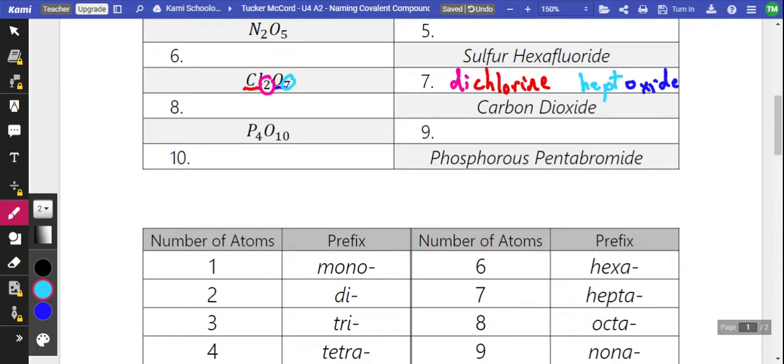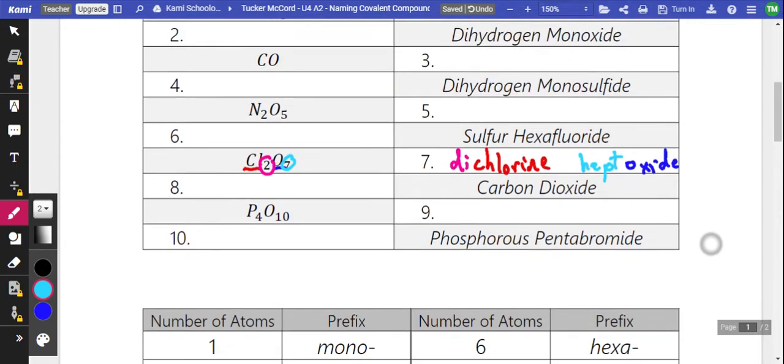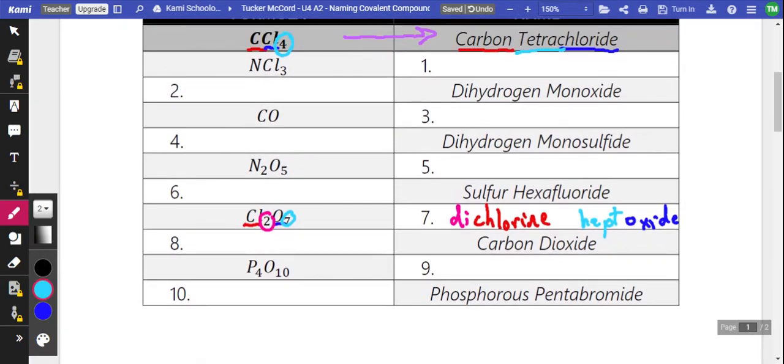It's made of only nonmetals that are sharing electrons rather than doing a give and take. Okay, let's do another one. Number 3, where I just have 1 atom of carbon and 1 atom of oxygen.